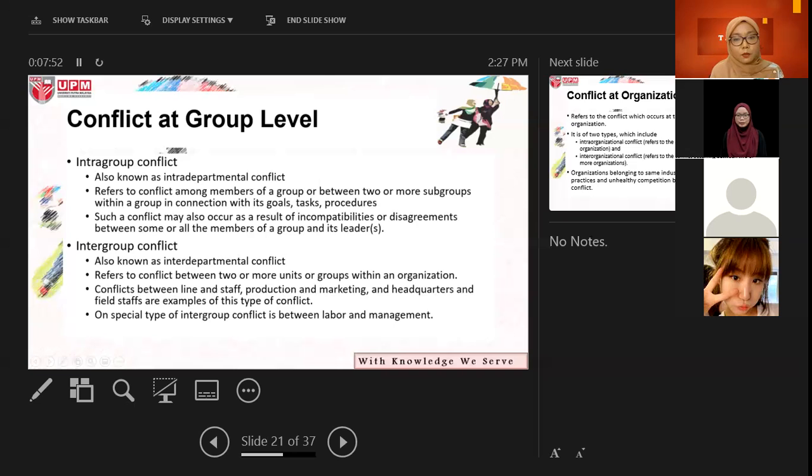Conflict between line and staff, production and marketing, and headquarters and field staff are examples of this type of conflict. One special type of intergroup conflict is between labor and management.